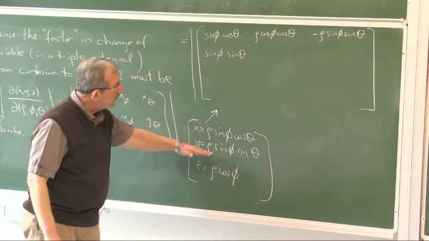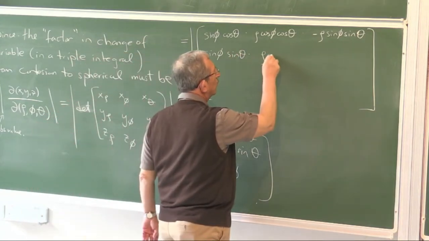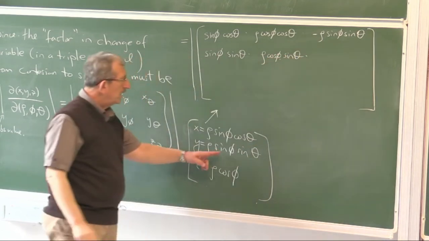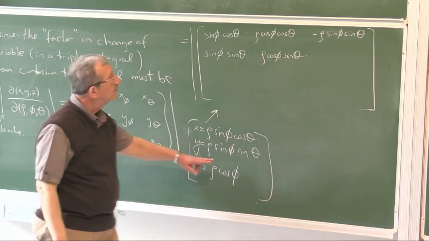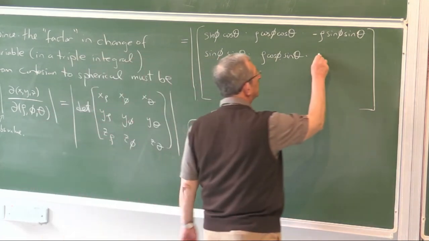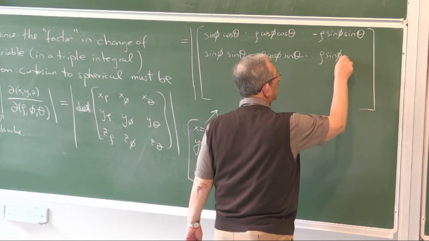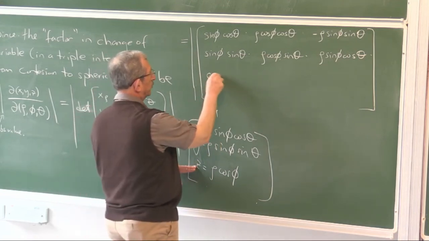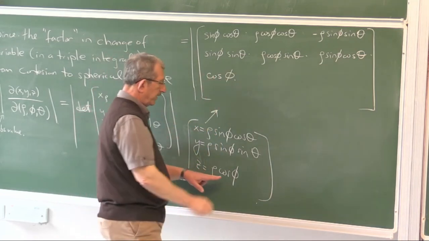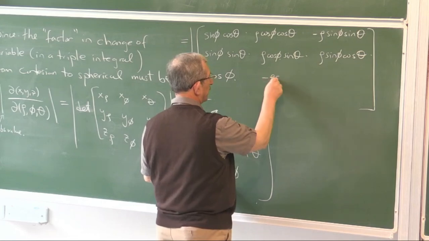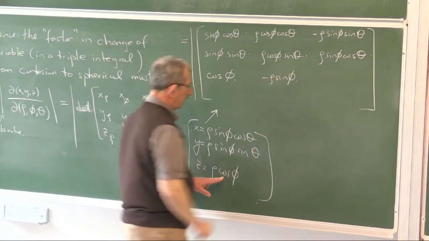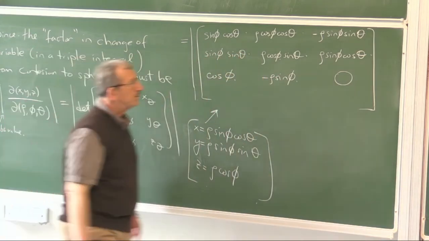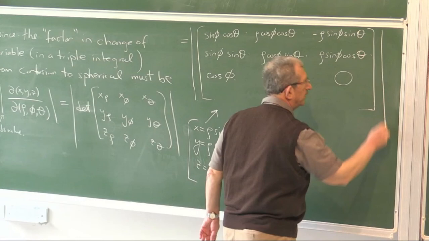With respect to phi, rho cosine phi sine theta. And with respect to theta, that should be rho sine phi cosine theta. For z, it should be cosine phi, then with respect to phi, minus rho sine phi, and with respect to theta, we have no thetas there. So this is the determinant we need to calculate.